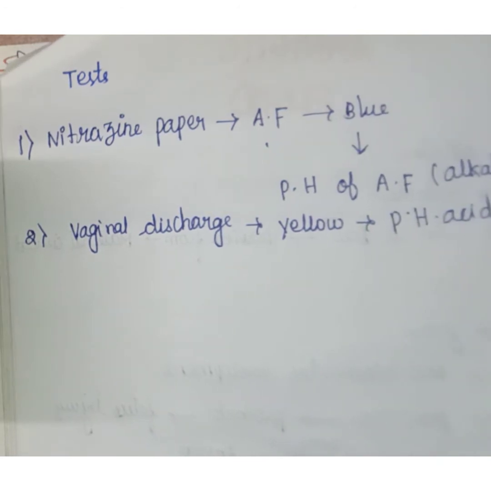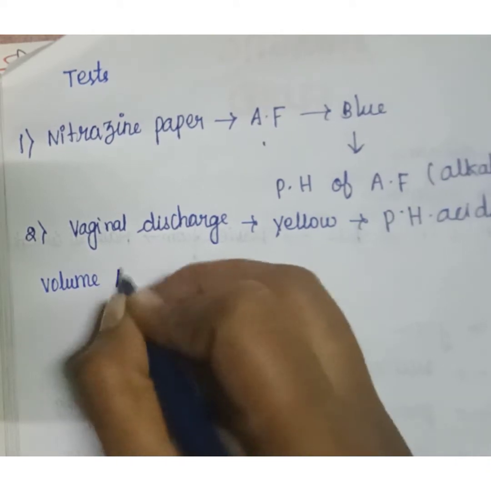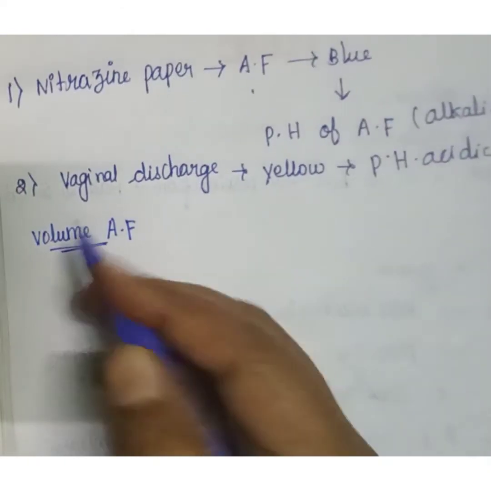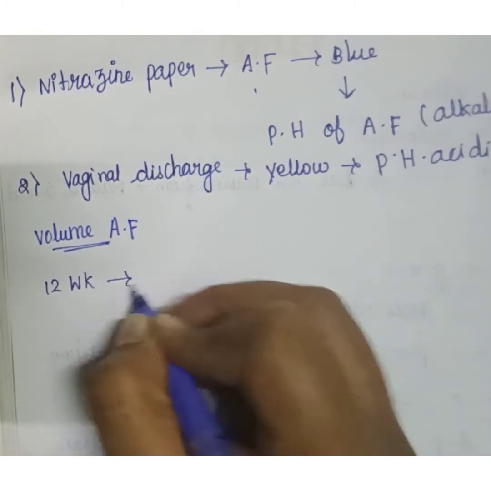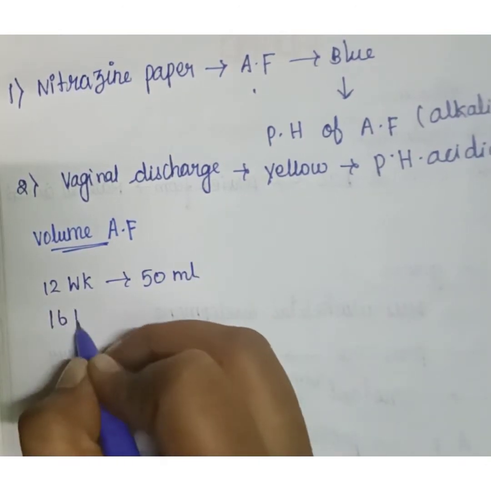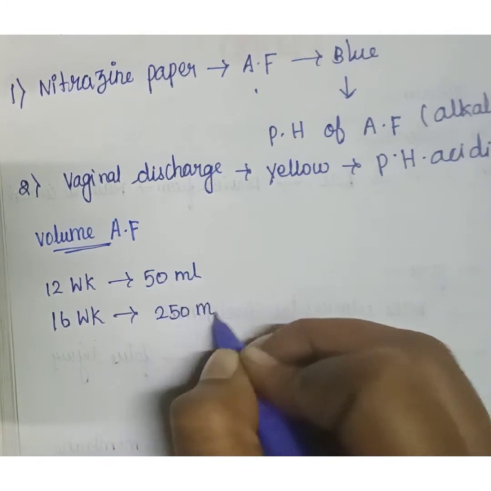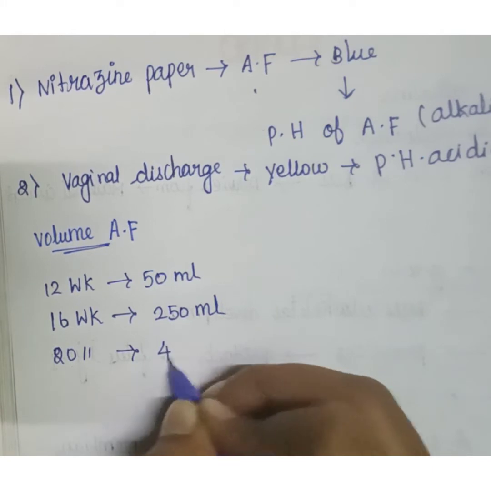Next we are going to see the volume of amniotic fluid. At the 12th week it is 50 ml. At the 16th week the volume is 250 ml, and at 20 weeks it is 400 ml.